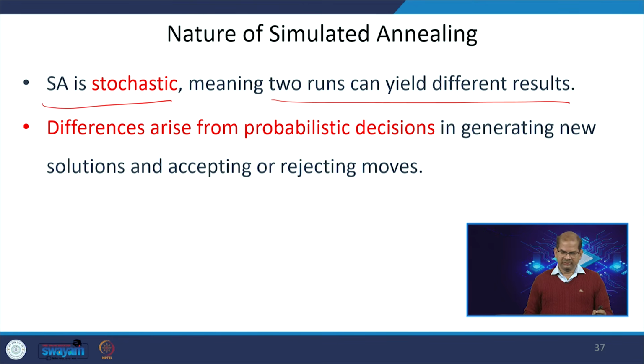If the seed is different and I run the program two different times, I can get two different results. The difference arises from the probabilistic decisions in generating a new solution and accepting or rejecting moves.